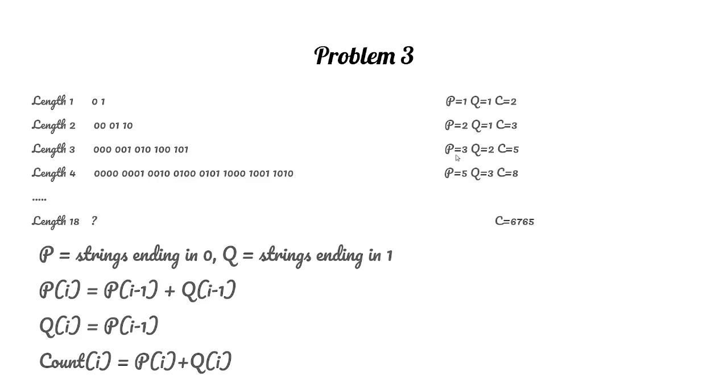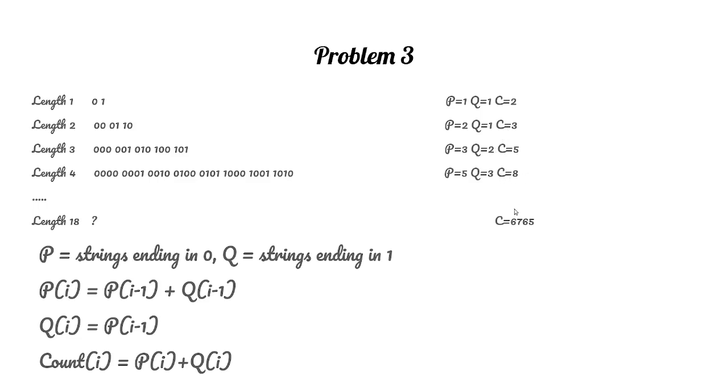Then P of 3 is equal to P of 2 plus Q of 2, which is 3, and Q of 3 is equal to P of 2, which is 2, and the count is equal to 5, and so on. Now observe that the count is actually a Fibonacci series. The count for length 1 is 2, for length 2 is 3, for length 3 it's 5, for length 4 it's 8, and so on.